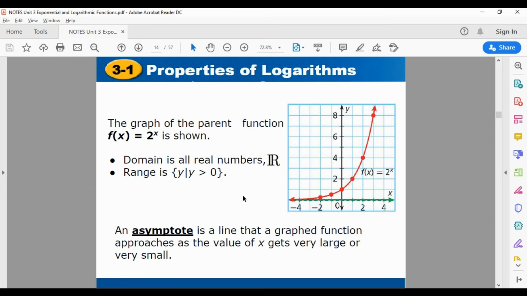So you're going to get infinitely closer to the x-axis when you move off to negative infinity, and then it's going to start to turn upwards and continue to increase more sharply. Another way that we describe this is we say it has an asymptote along the x-axis in the negative x direction.